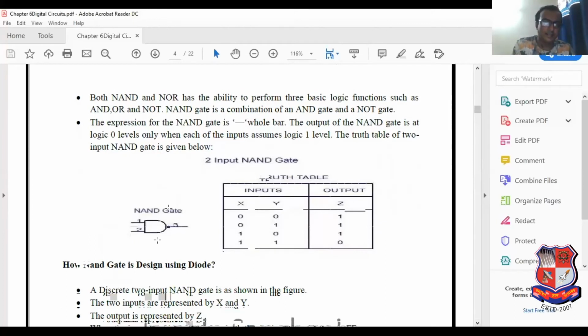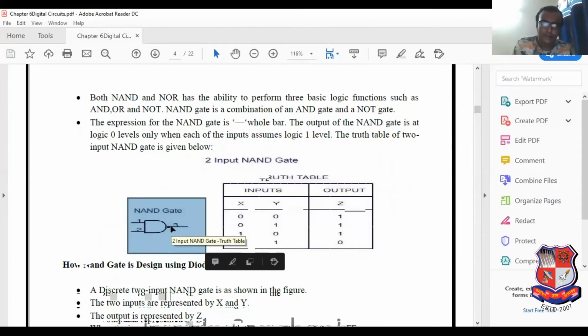See this. This is the symbol of NAND gate. If you apply 0, 0, then the AND gate output is 0. But if you apply it with NOT, then 0, 0 output is 1. 0, 1 output is 1. 1, 0 output is 1. 1, 1 output is 0. Then what is the meaning of this? I will explain in one statement.